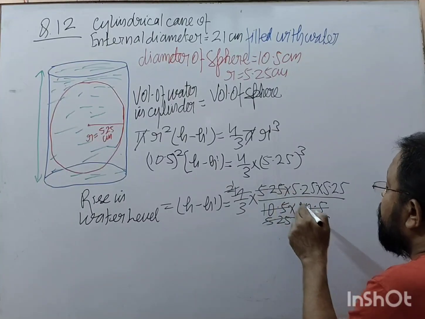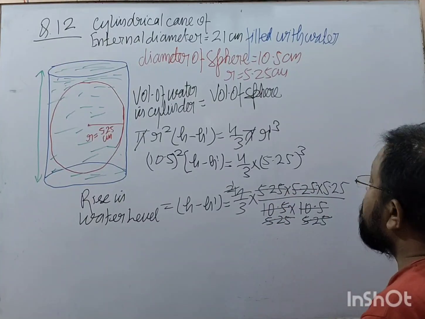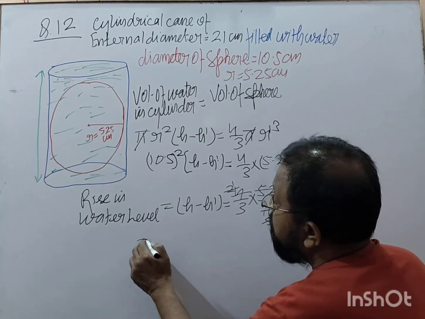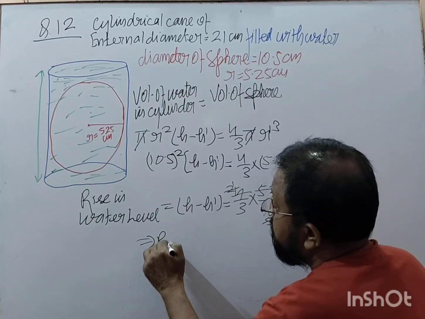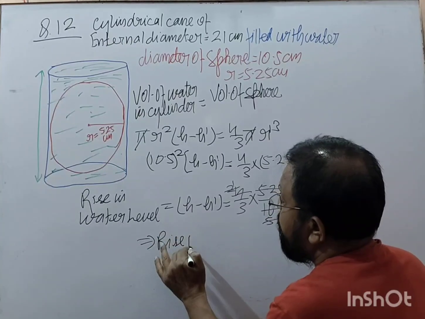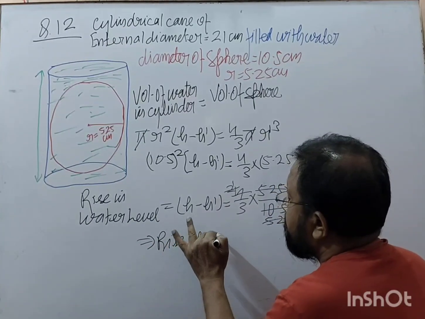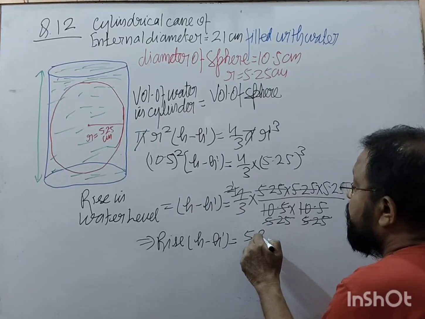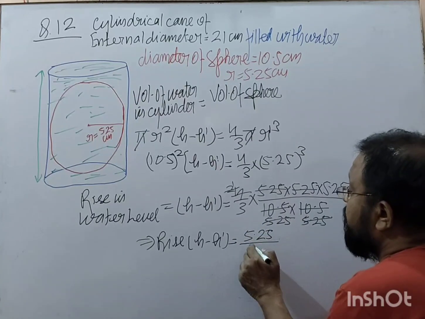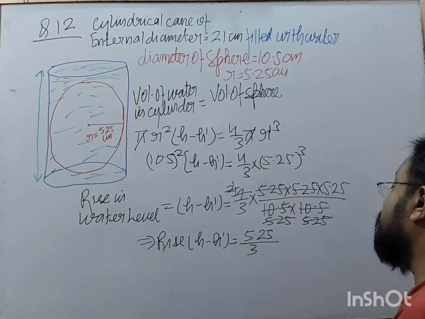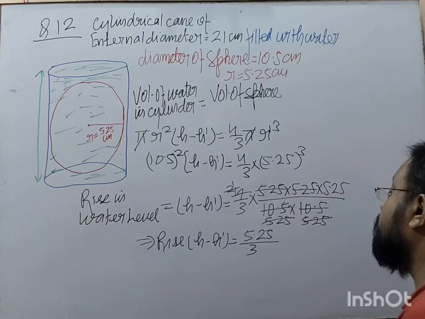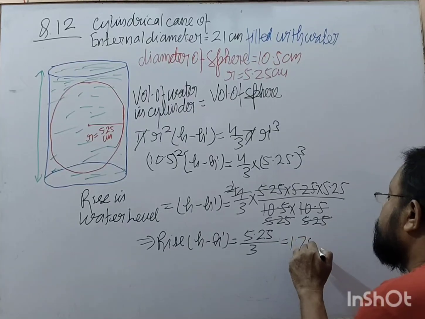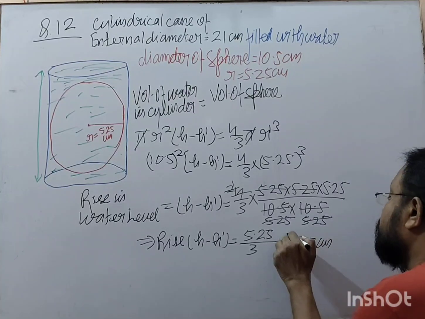So 5.25 is cancelled out, and h minus h dash is equal to 5.25 divided by 3. It is 1.75 centimeter.